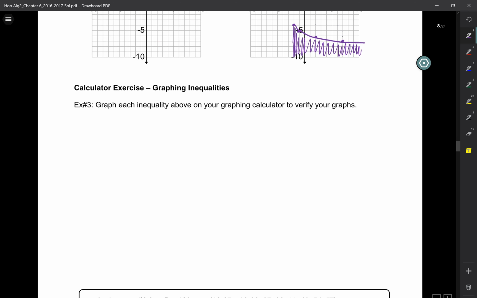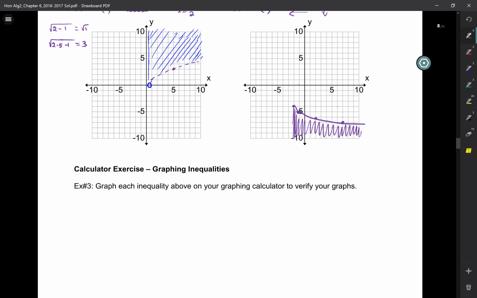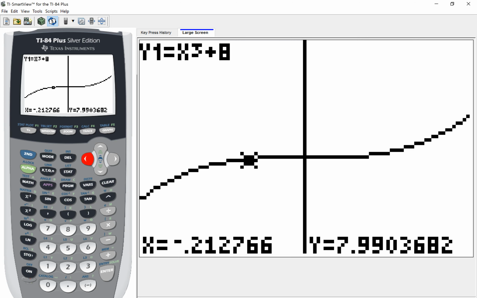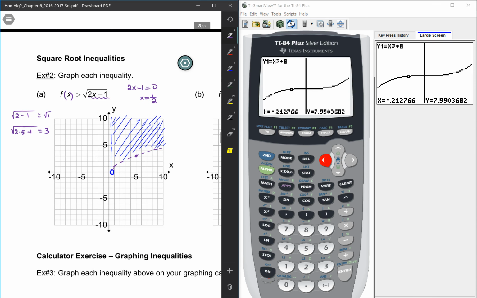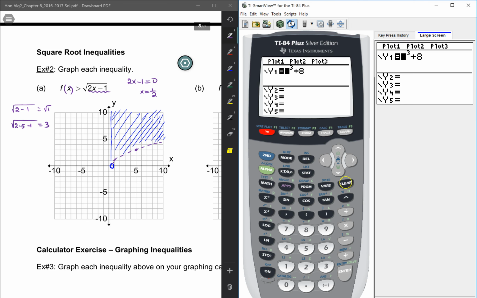All right. So to do it on the calculator, let's take out our calculators. I'm going to put in the first one. Let's clear this. I'm going to put in the square root of 2x minus 1.